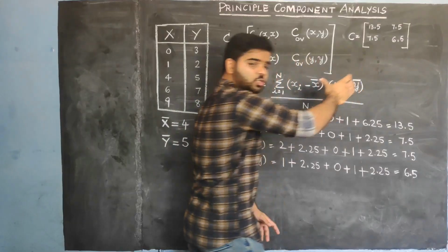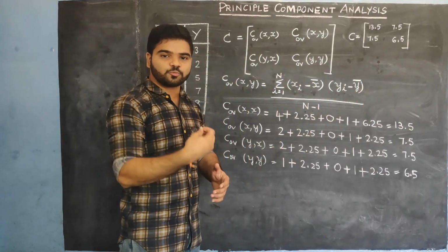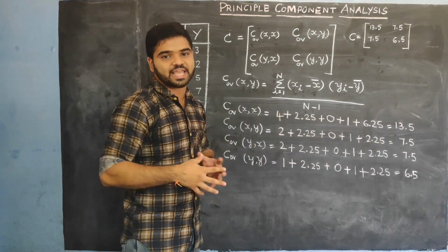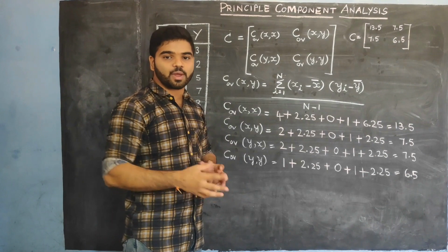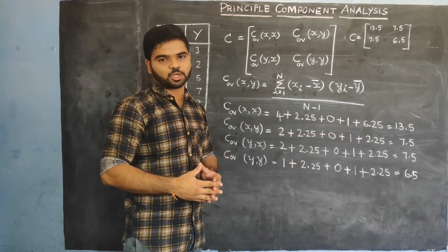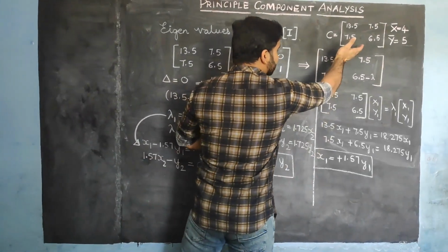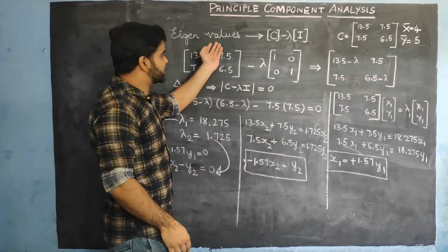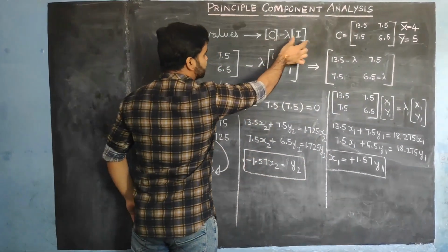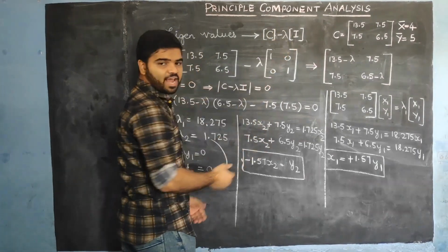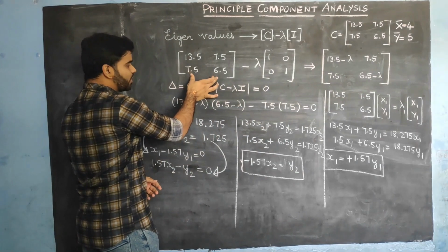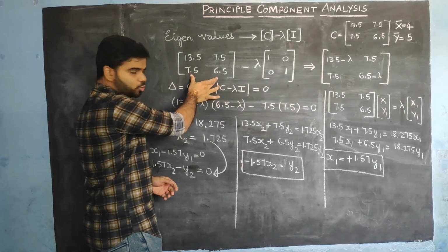By using this covariance matrix, we are going to find the eigenvalues and eigenvectors. Based upon those eigenvectors, you are going to determine the highest priority principal component. The eigenvalues are given by C minus lambda I, where I is the identity matrix of 2 by 2, since this covariance matrix is also of size 2 by 2.